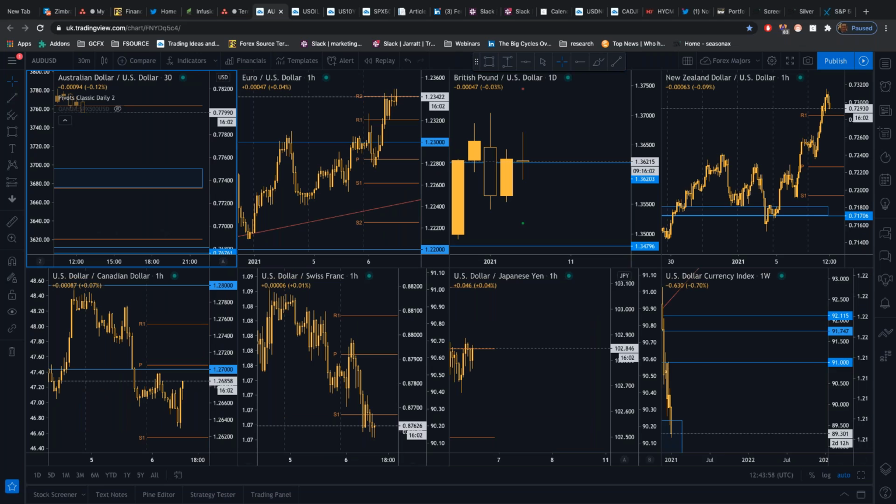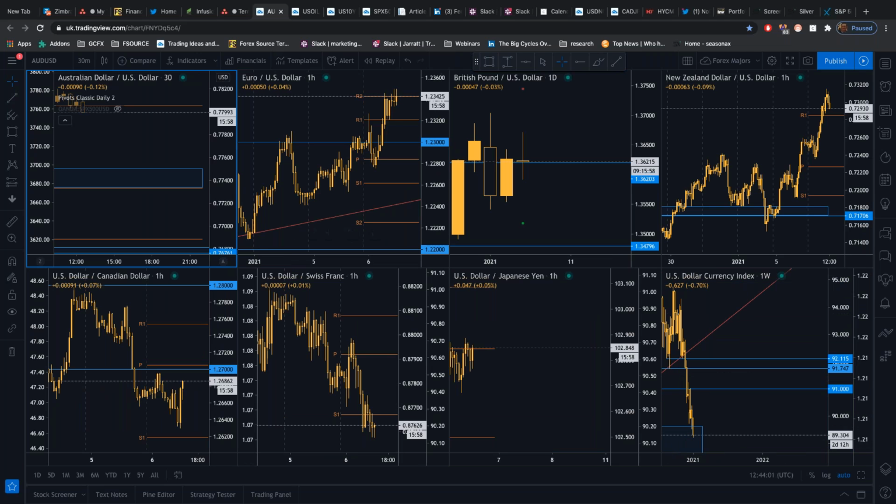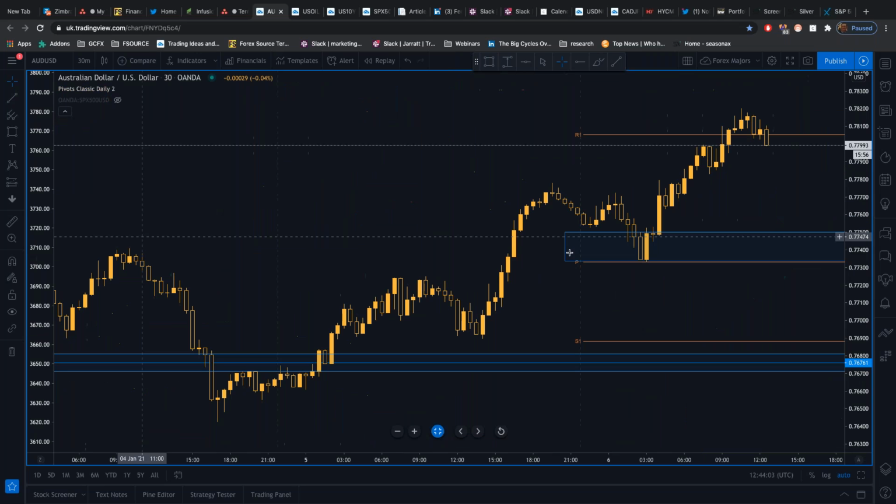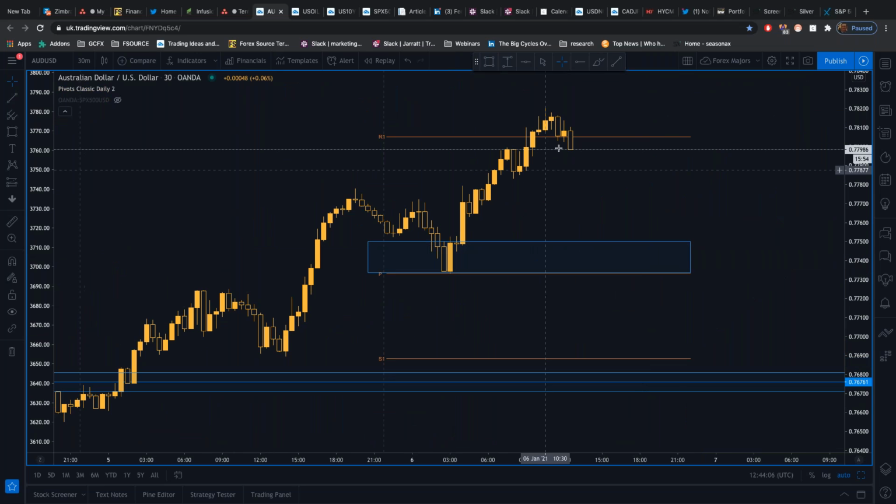If we see some dollar strength come into the market, remember we're at that key support level, then that could potentially invalidate this outlook, but you need to see a wider movement. You'd see a sharp sell-off in stocks. So if you saw a sharp sell-off in the US stock market, that would invalidate this outlook. Otherwise, this retracement back down to 0.7750 is a decent place to look for going long in the markets.